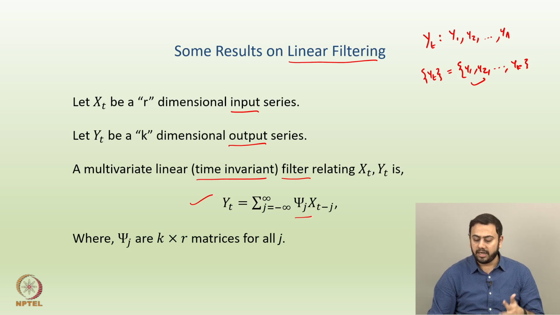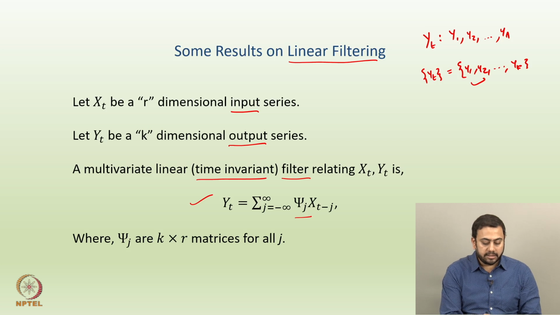Just to reiterate, xt is the input series, yt is the output series, and through this equation we create the multivariate linear filter. Such an expression is called a filter, and filter is a technical term in time series which denotes the interdependency between an input series and the output series.